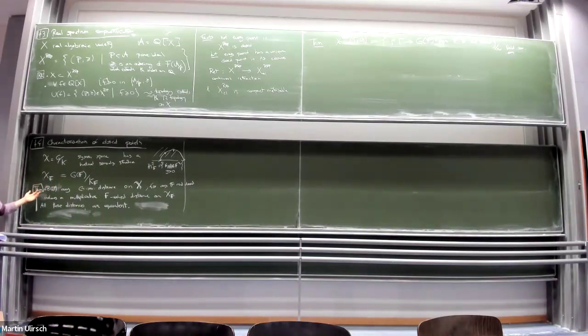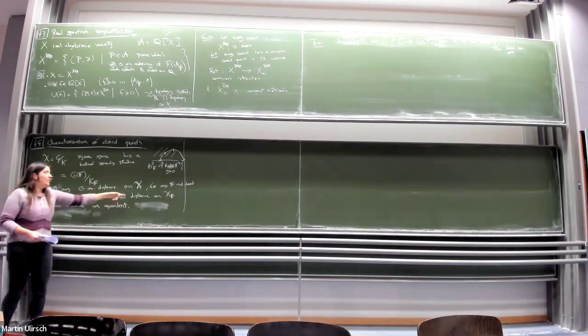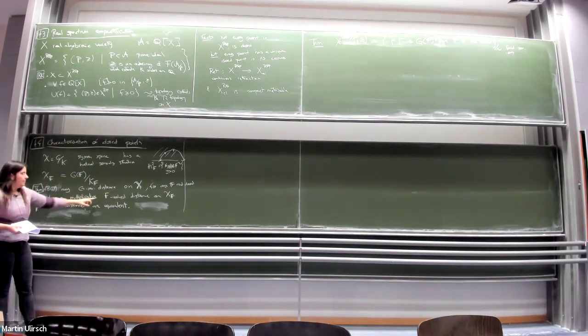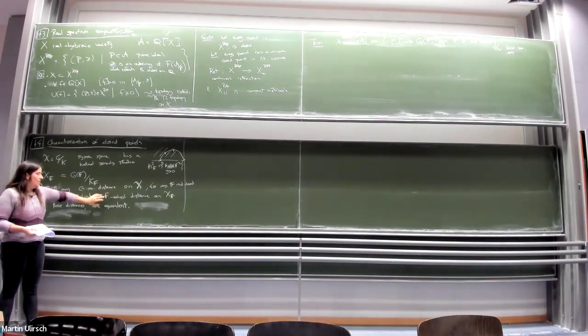And this is a very general story that works for all symmetric spaces. And so we get lots of pairwise equivalent multiplicative distances, that is, an F-valued distance, with values in this real closed field.